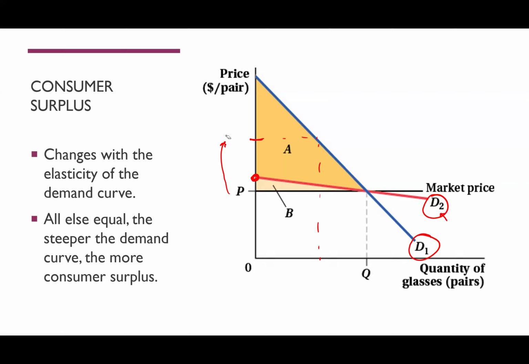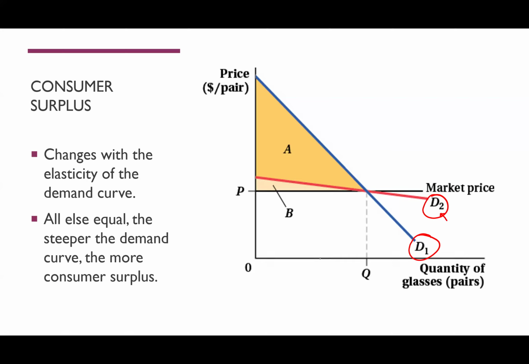And so what we're going to see in terms of consumer surplus is that the more responsive consumers are to changes in price, the smaller the consumer surplus available, right? They're not willing to essentially continue consuming, they're going to substitute to other goods. Whereas if they're not very responsive, right, even as the price changes, we're going to see the amount traded not change very much at all.